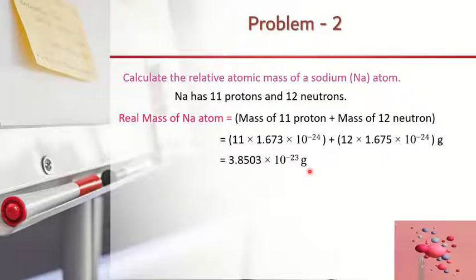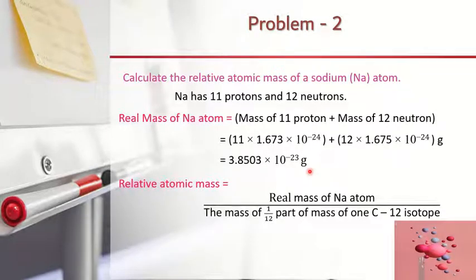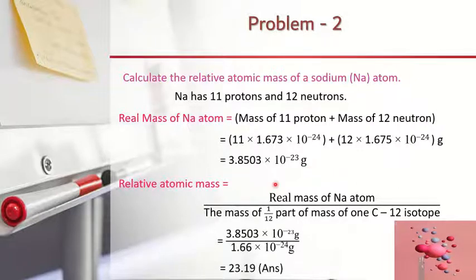And the relative mass of the sodium atom is this mass divided by the mass of 1 by 12 part of the carbon 12 isotope. So it comes 23.19. It is the relative atomic mass of sodium. In this way, you can calculate the relative atomic mass of every atom, because you know how many protons and neutrons are present in that atom.